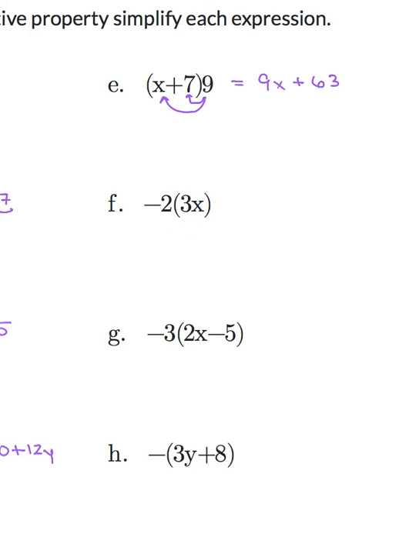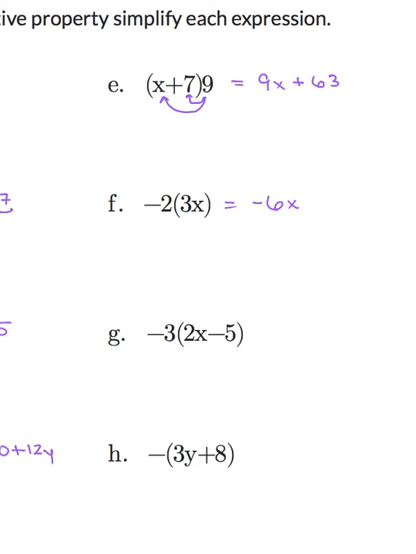We don't have any adding or subtracting. And so this is technically not a distribution problem since we do not have multiple terms inside the parentheses. There's just one term. So for this, all we're going to do is multiply negative 2 times 3, we get negative 6, and we keep the x. And we're done.